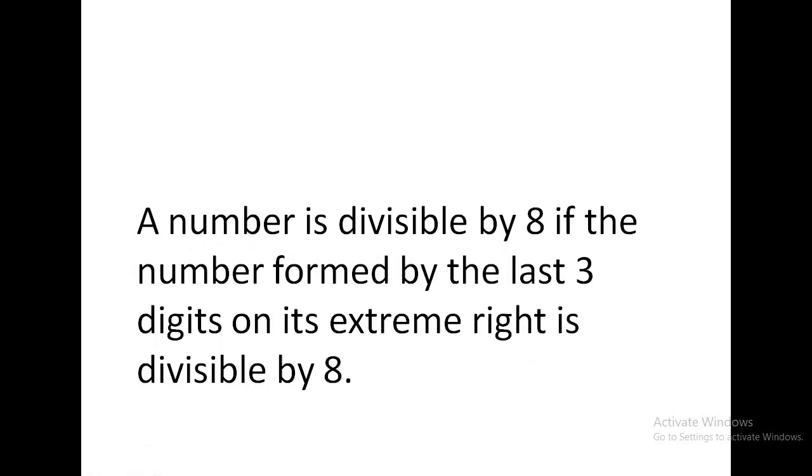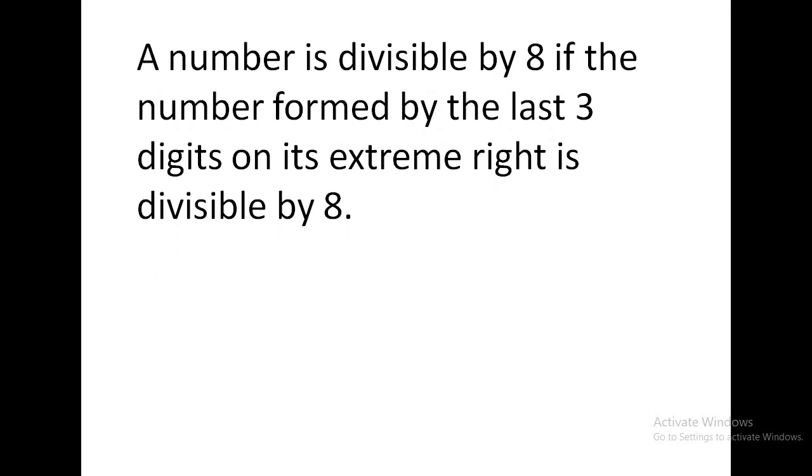Let's move to the next, divisibility test of 8. It is the same, children, as 4. Only the difference is that there we are taking the last two digits. Here we are taking the last three digits on the extreme right of the given number. So a number is divisible by 8 if the number formed by the last three digits on its extreme right is divisible by 8.